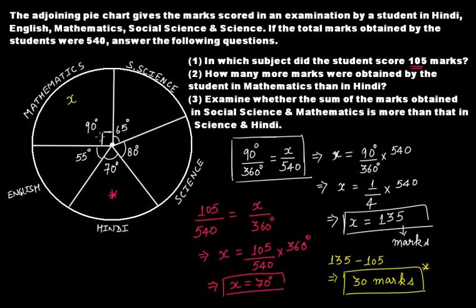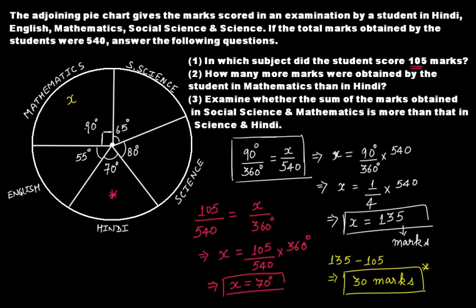This is 90 degrees. Clearly, of all these sectors, this central angle is the greatest, so this student has got the maximum marks in mathematics.